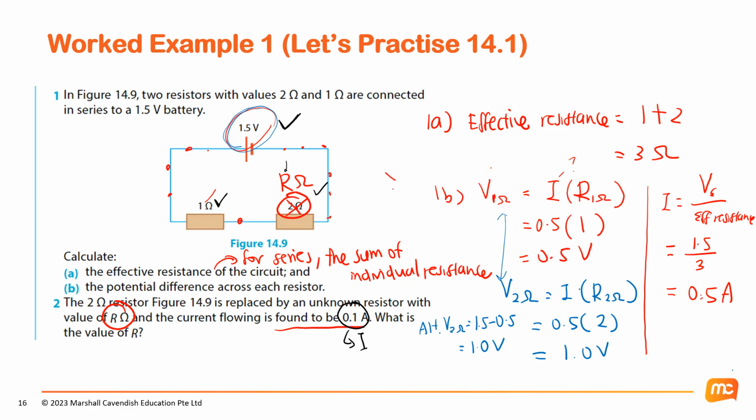Let me name it as IT. So in that case, I will use VE equals I times R, the total current times the effective resistance. And I know 1.5 has to equal 0.1 times (1 plus R), since my effective resistance has now changed to 1 ohm and R ohms.